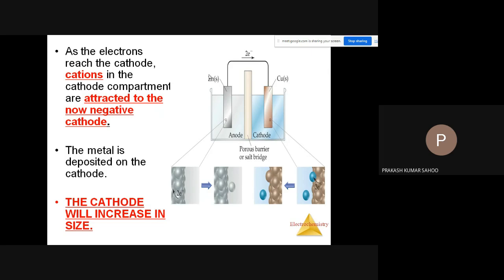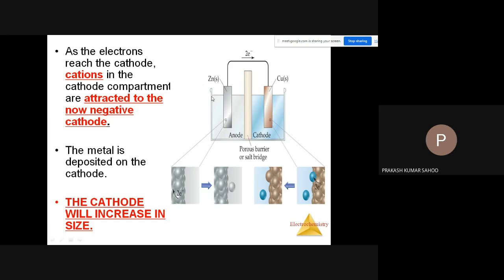I am just highlighting some basic things you should know before going into the depth of this chapter: the electrode potential of any element is determined by coupling it with the standard hydrogen electrode, and its standard reduction potential is 0 volt.